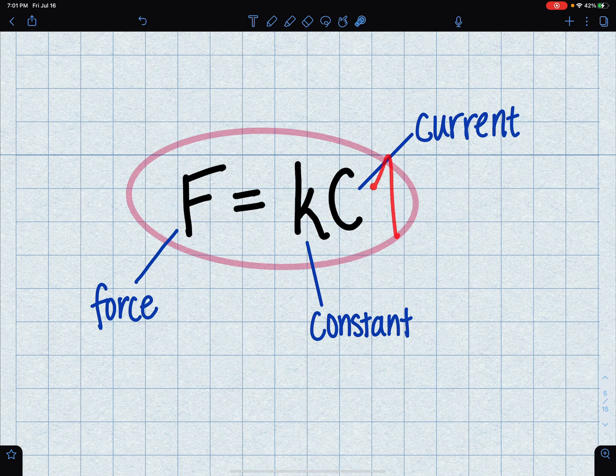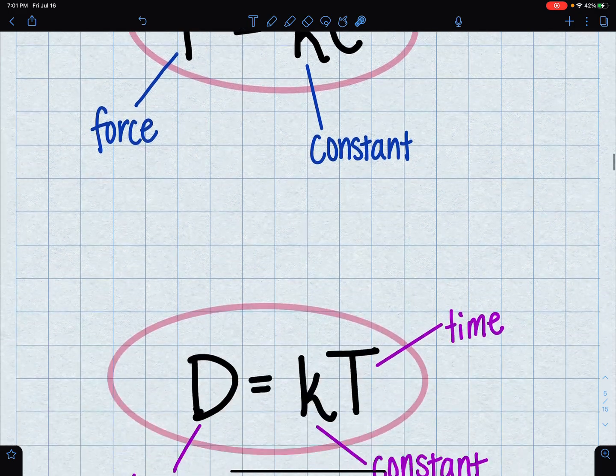So again, if current goes up, force goes up. I actually think of varies directly or a direct variation as the rule of thumbs. You're kind of giving 2 thumbs up. If one of them goes up, the other one goes up. Or you could give 2 thumbs down. If one of them goes down, the other one goes down. But your thumbs are in the same direction when it varies directly, every time it varies directly.